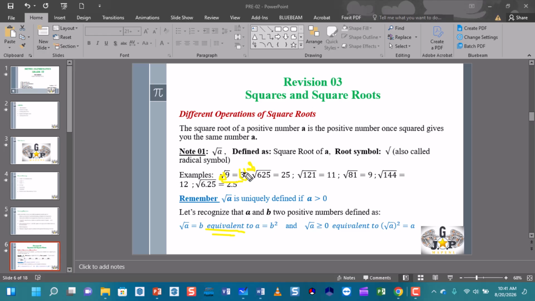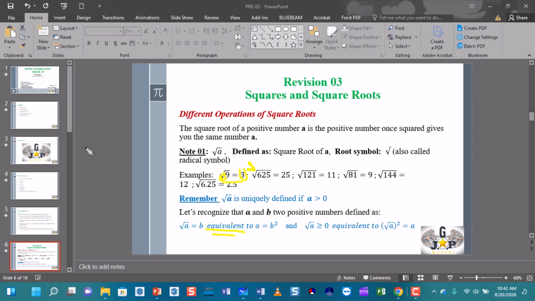So in general, it simply means that the square root of a is always greater than or equal to 0. It's always positive. The square roots at this grade up to grade 11 will remain positive.